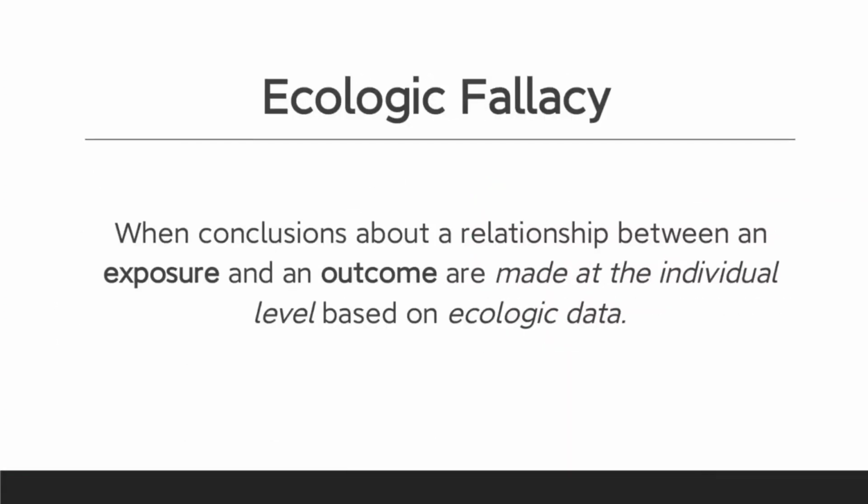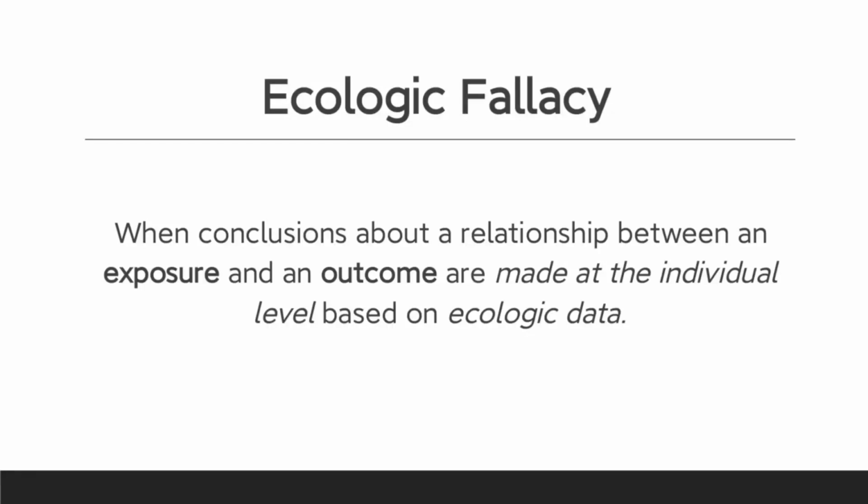Ecologic fallacy is when conclusions about the relationship between exposure and an outcome are made at the individual level based on ecologic data. This means your reasoning or hypothesis-making is very shallow, because that is all that can be given as a relationship between exposure and outcome.